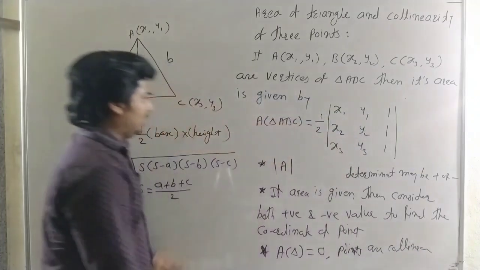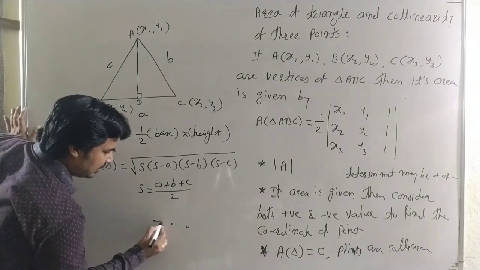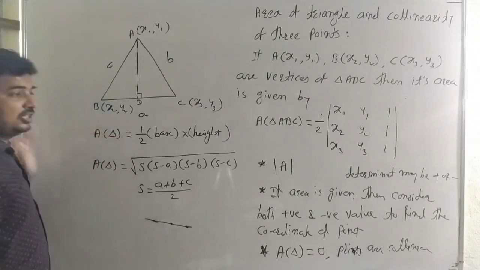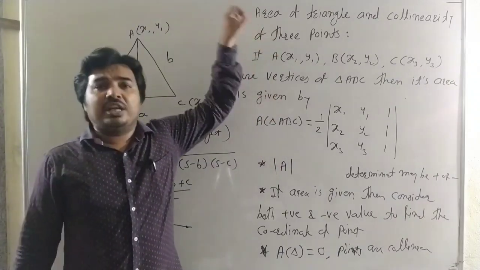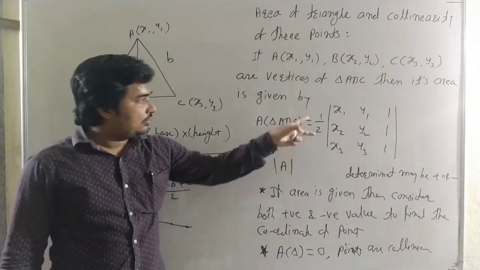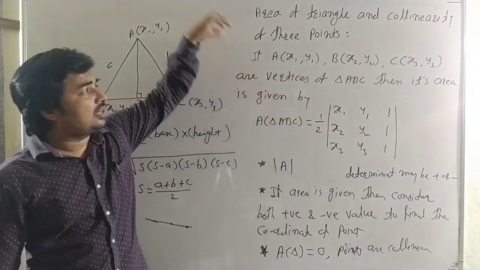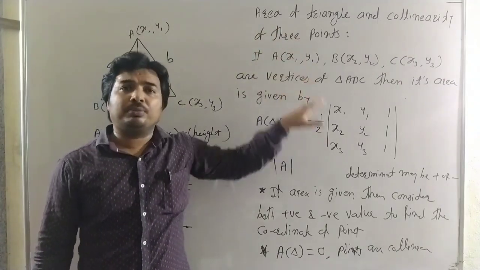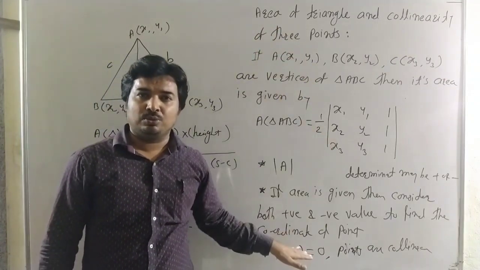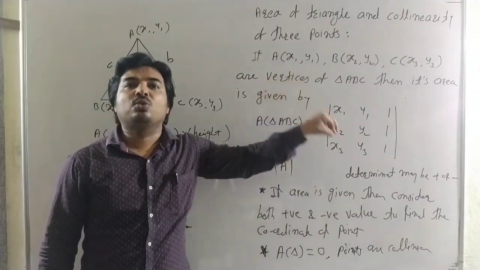That means they do not form a triangle. So when we find the area of the triangle and it becomes 0, that means the three points are collinear.